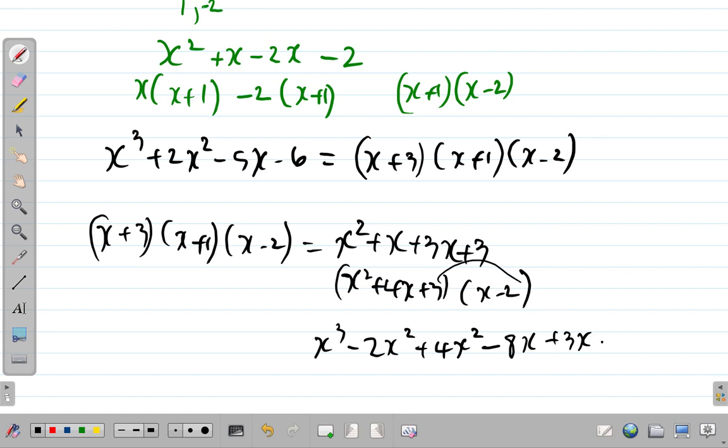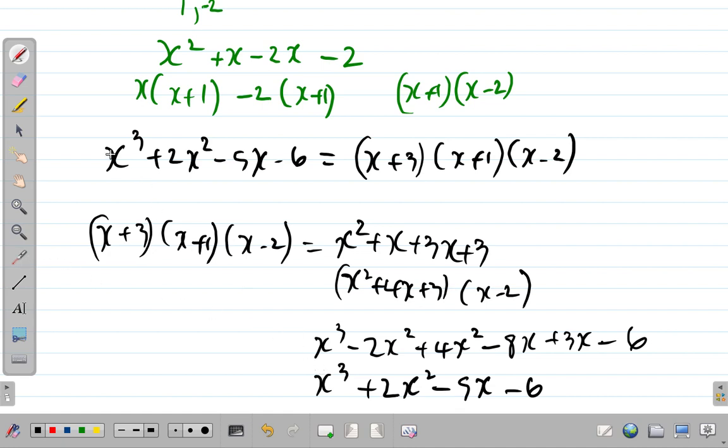Then 3 by -2 will give you -6. Alright. So you have x cubed, minus 2x squared plus 4x squared will give you 2x squared, negative 8x plus 3x will give you a negative 5x, minus 6.